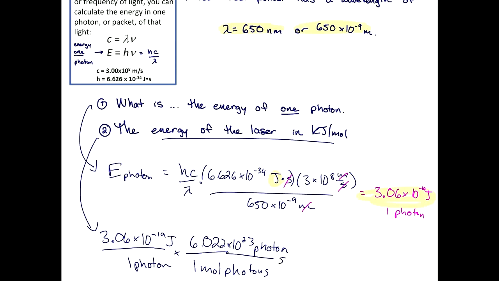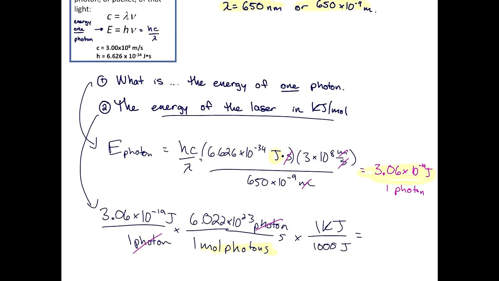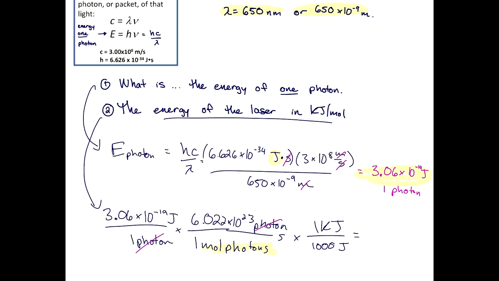You see that single photons cancel, and we are left with a mole amount of photons. Then there are 1,000 joules in every 1 kilojoule, so dividing by 1,000, you get that this laser has an energy output of 184 kilojoules per mole.